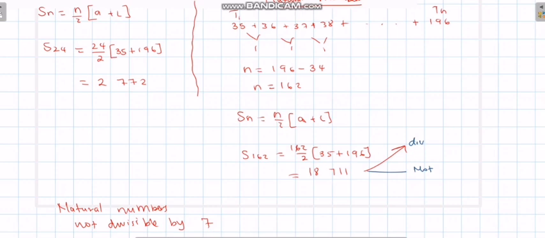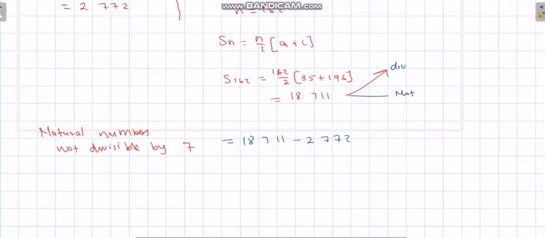So in this case it will be 18,711 minus 2,772, and our answer will be 15,939.